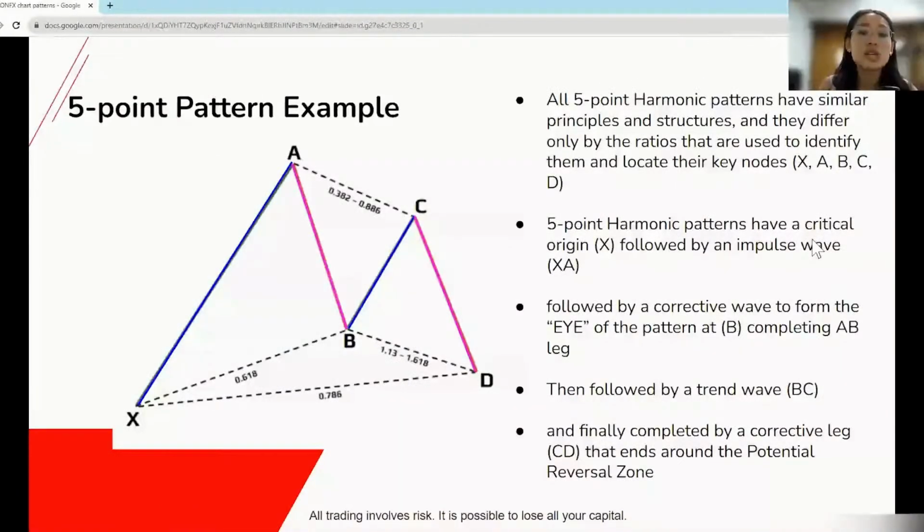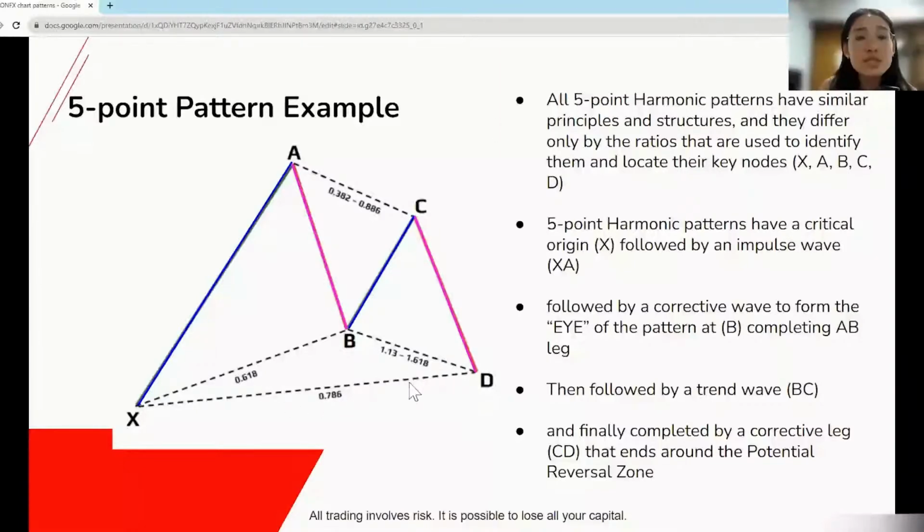Okay, so let's talk a little bit about harmonic patterns. All 5-point harmonic patterns have similar principles and structures, and they differ only by the ratios that are used to identify them and locate their key nodes. In this case, we have X, A, B, C, and D, as I mentioned earlier.